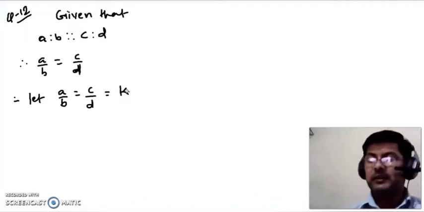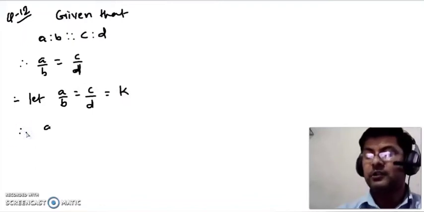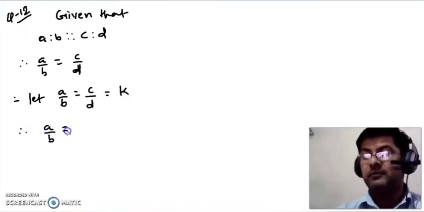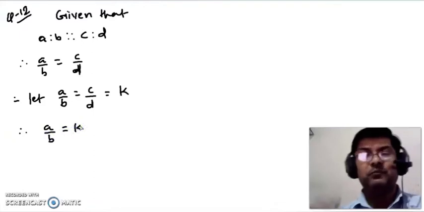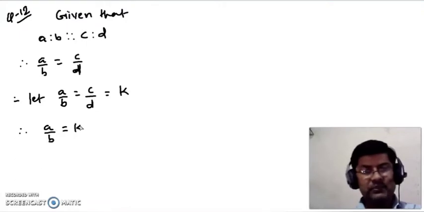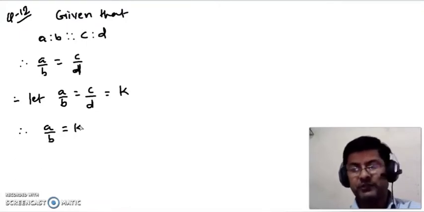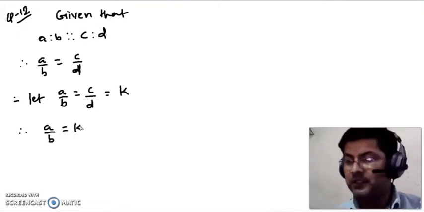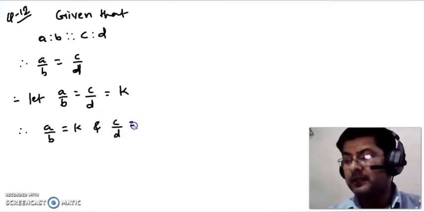Clear? Since the value of both the ratios a by b and c by d are equal, and we have considered the value of each to be k, therefore a by b is equal to k and c by d is equal to k.